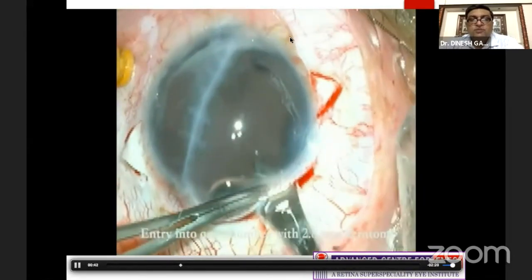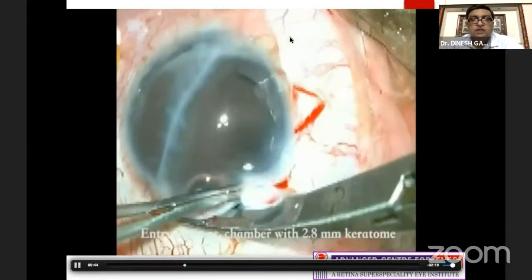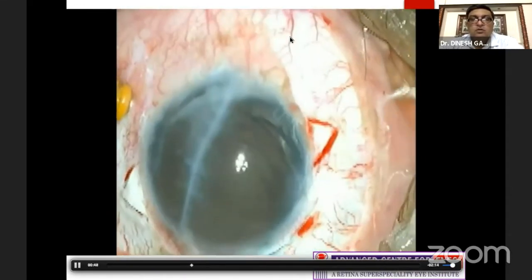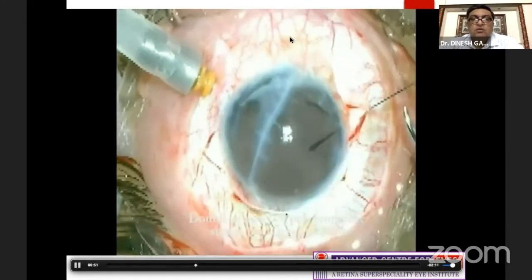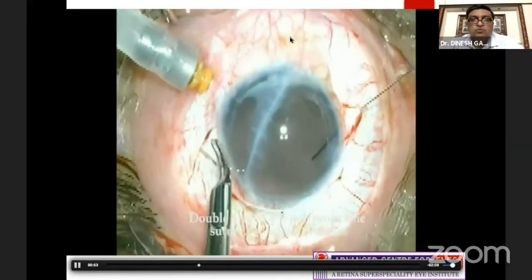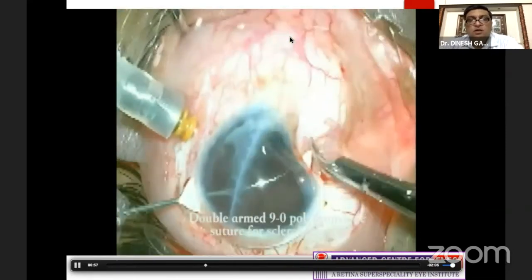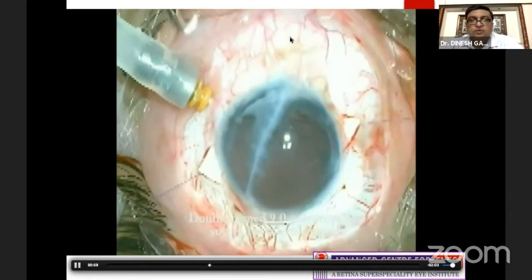Then the anterior chamber was entered, the incision was enlarged. The 9-0 suture was used in this situation. 9-0 polypropylene was used.